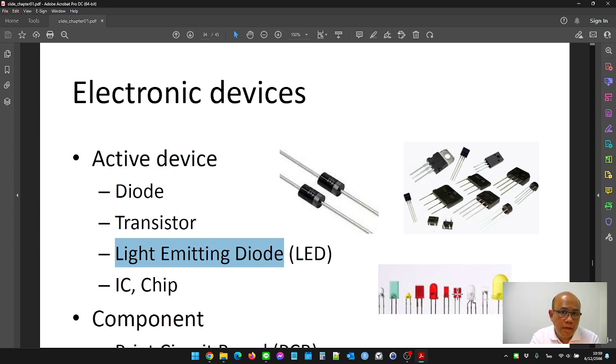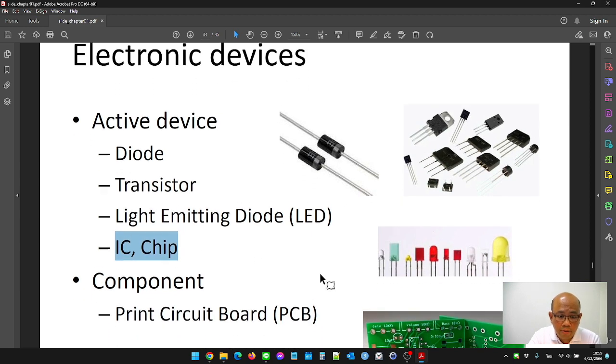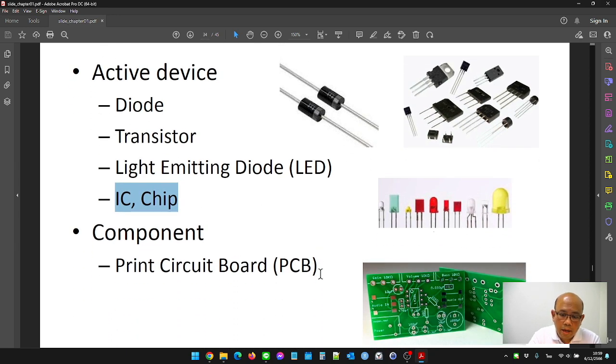So after we had the blue LED, we can mix red, green, blue to produce any color. And the next one is an IC, for example IC 555. All components, passive and active, are installed on the PCB, printed circuit board, as in these pictures.